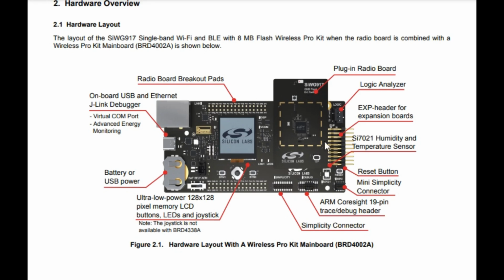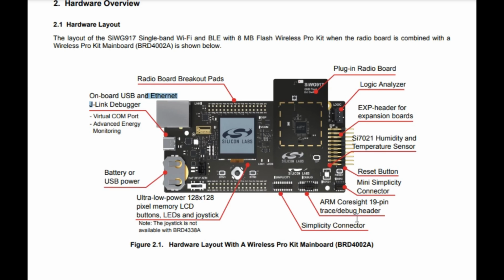And then apart from this, if someone wants to connect an external debugger and not the J-Link debugger which is mentioned here, they can also connect it using the Simplicity debug interface.